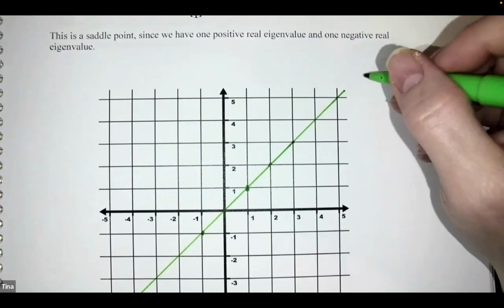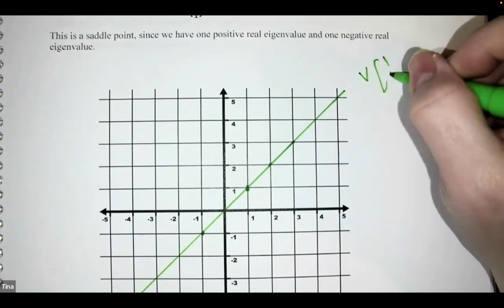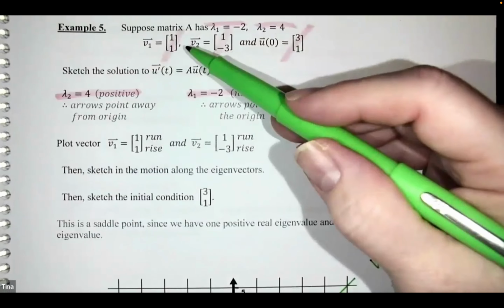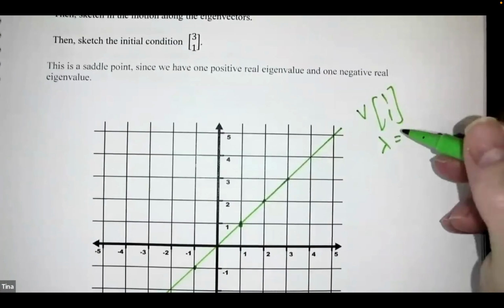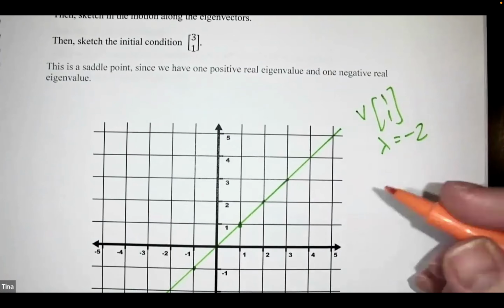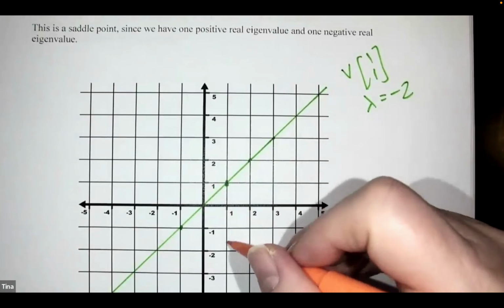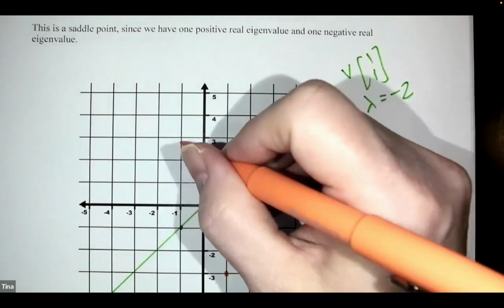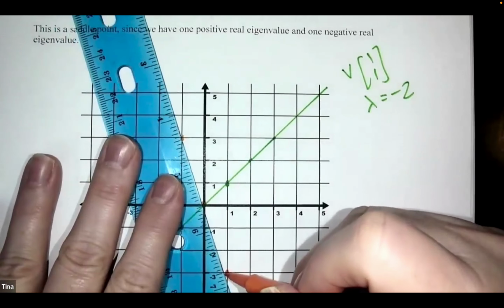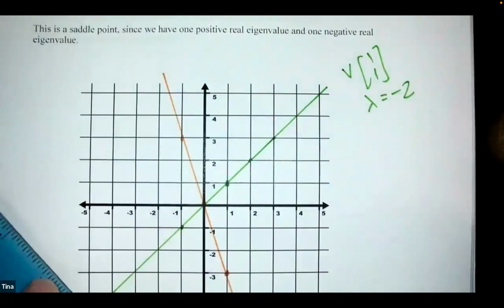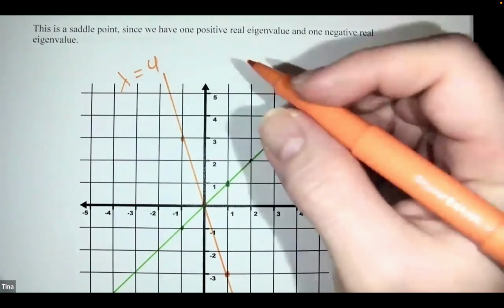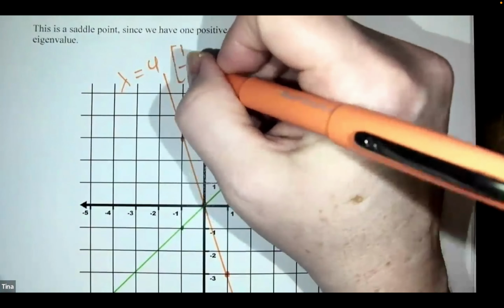And that is the vector 1, 1, which goes with lambda negative 2. And then our other vector is 1, negative 3, which is the same as negative 1, 3. Remember, eigenvectors always go through 0, 0. So that was lambda is 4, and our vector is 1, negative 3.